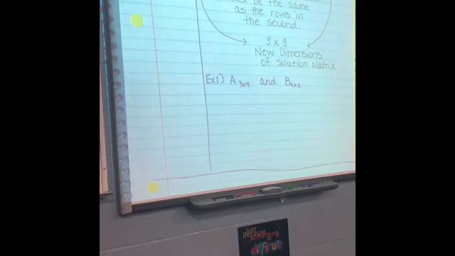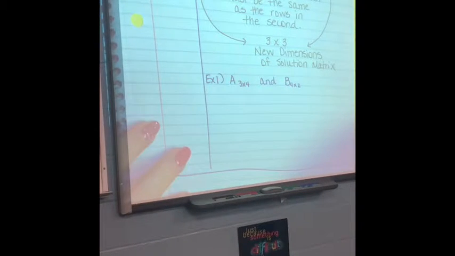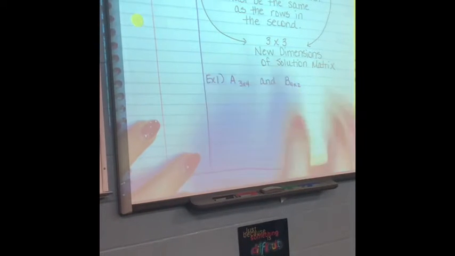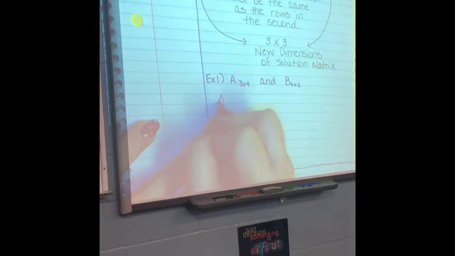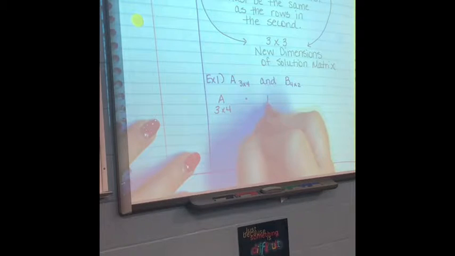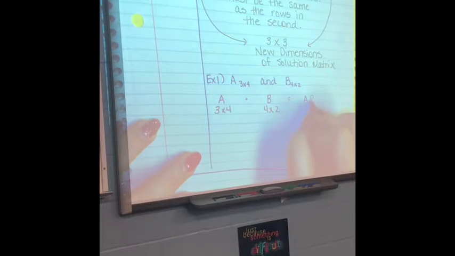The first thing they're asking me is if I have matrix A and matrix B, A being a 3x4 matrix and B being a 4x2 matrix, can I multiply them? So if I have A as a 3x4 times B, who's a 4x2, can I have AB?